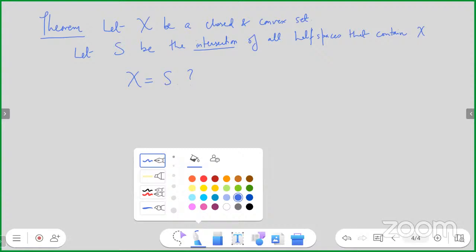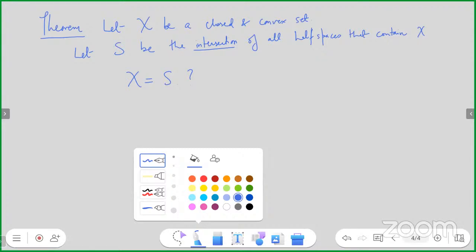So at each point we can have the tangent plane. If it's the intersection of all the half spaces, it's going to be the intersection of all the tangent planes. The half spaces built by the tangent plane surround each point, so that intersection will be nothing but the convex set.